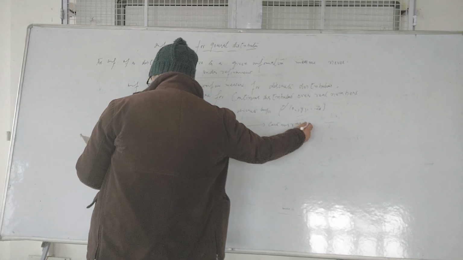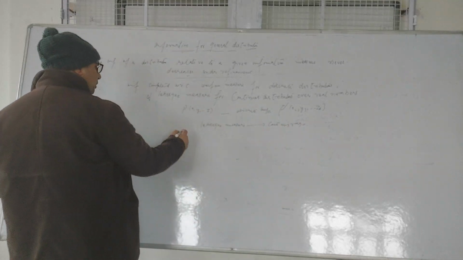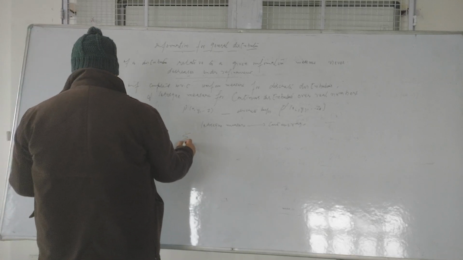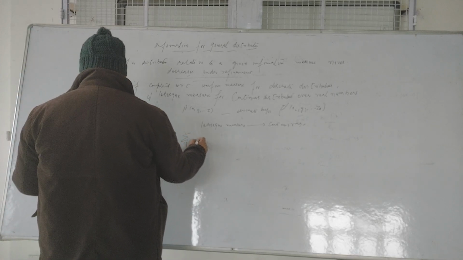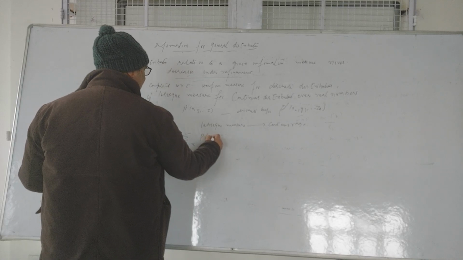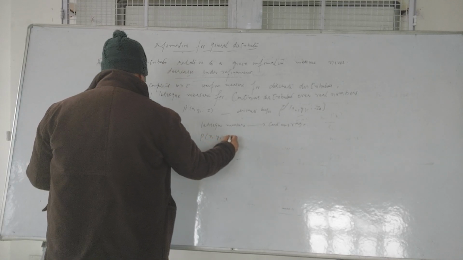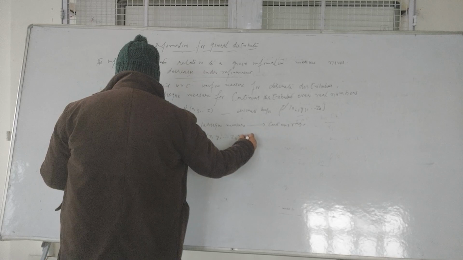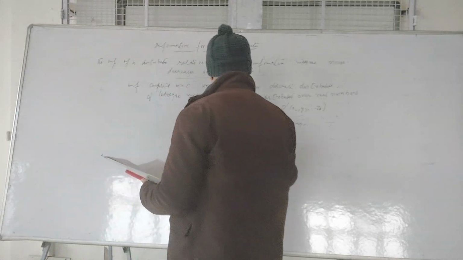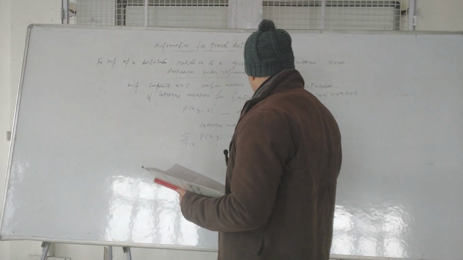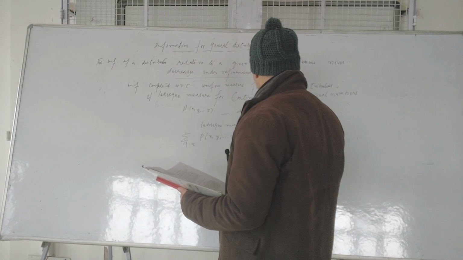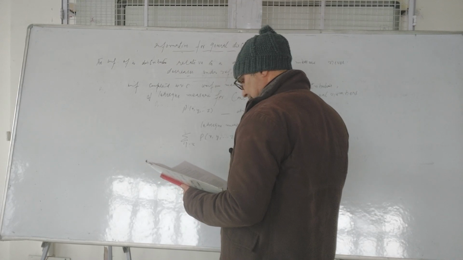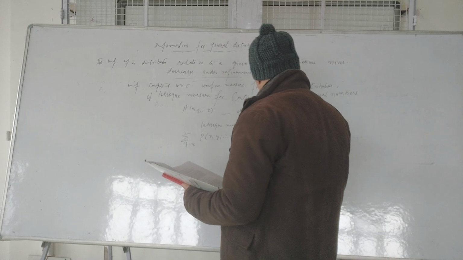So the probability measure, if you want to identify this x_i, y_i, z_k, log of, so for discrete measures, it's probability of x_i, y_i, z_k. So this is discrete.